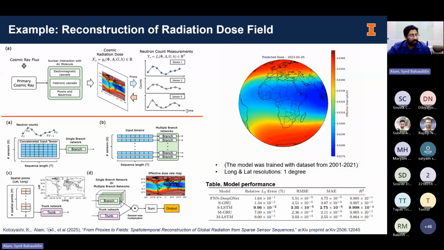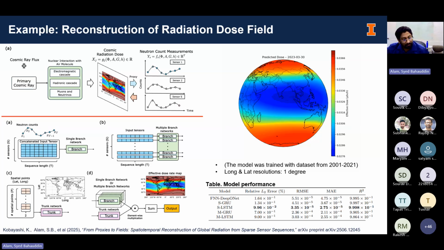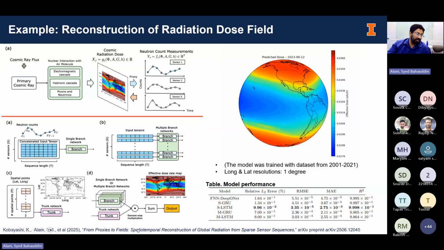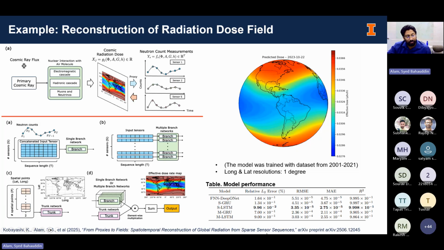So our student Kobayashi developed an algorithm based on a sequential algorithm and a neural operator with time series, using multiple and single layers of LSTM and GRU. The paper is still on arXiv, so you can see it, and we got good accuracy.